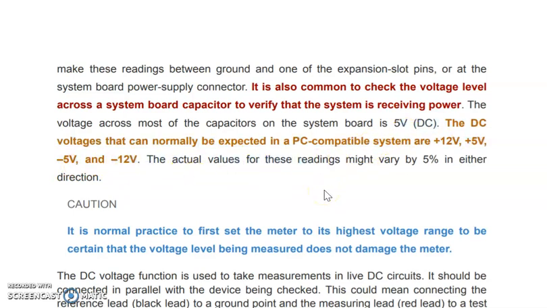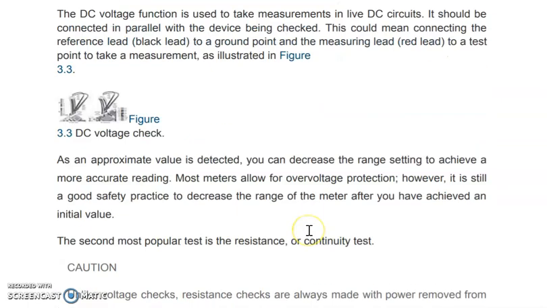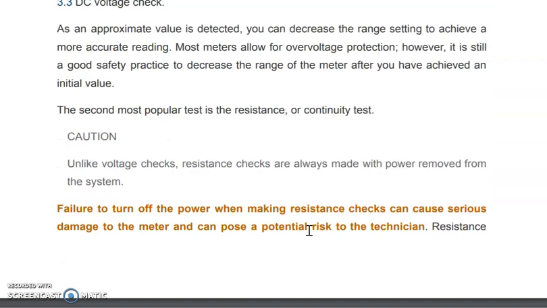It will check whether these ranges are followed by your computer peripherals or not. If there are errors, then the voltage level may vary from these points. So it will check these voltage levels.